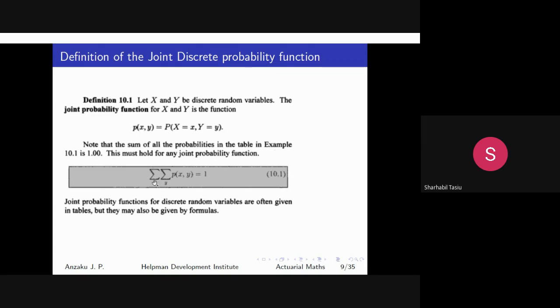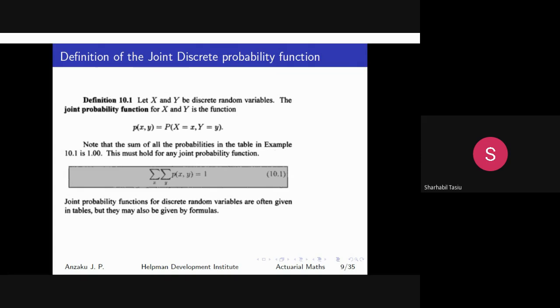Because we have two variables, X and Y, we have a double summation, summing the joint probability of these two random variables for x and for y, and that must be equal to 1.